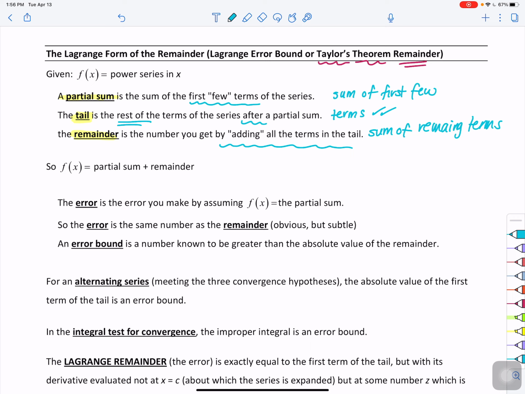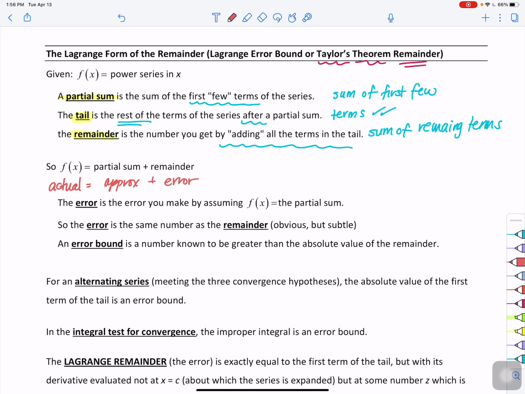So what do we have? We could say that f of x is equal to a partial sum plus some remainder. So let's just write something out here. We could have the actual f of x equal to an approximation of some sort plus the error.